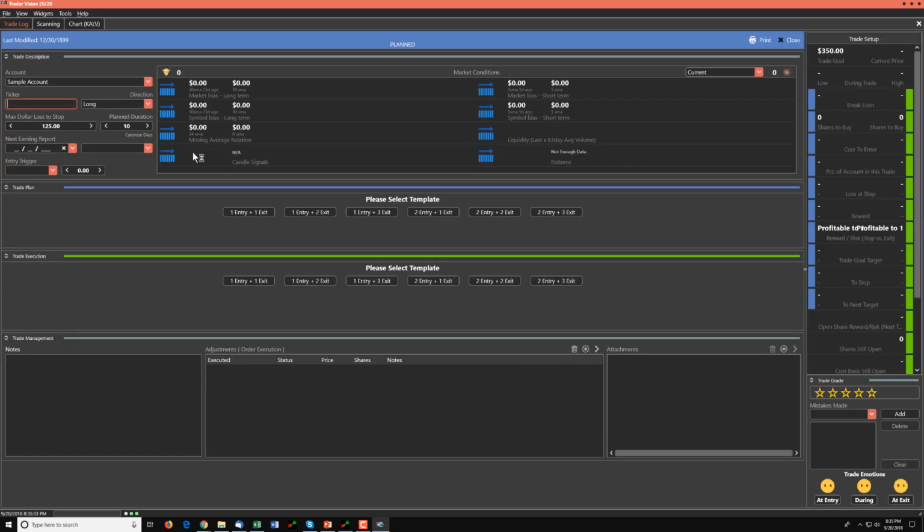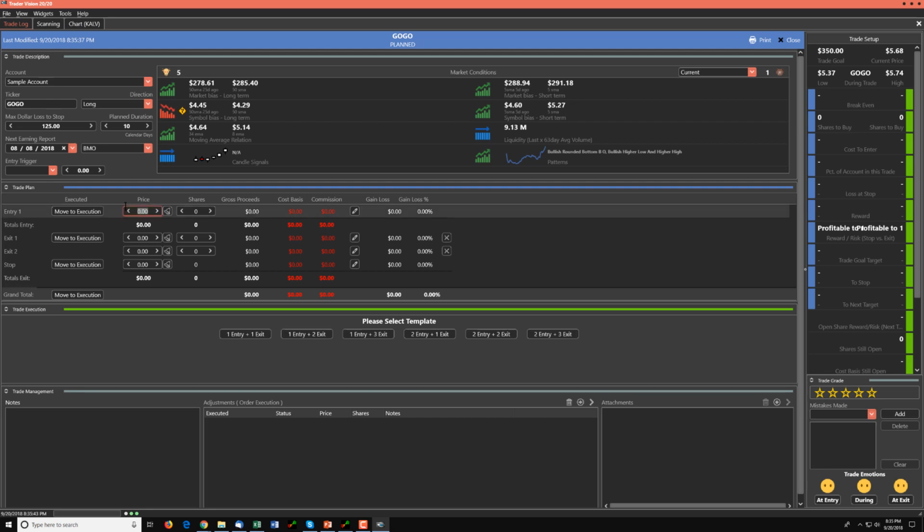Let's see how that plays out. We've got a couple months. I said 5.35, and 5.15 as a stop, and 7.25 as a first target, and then $8.